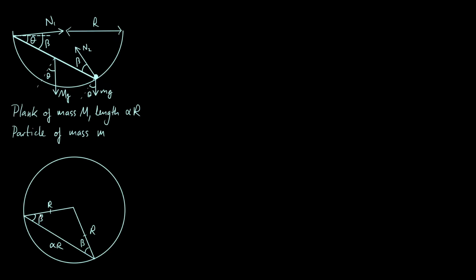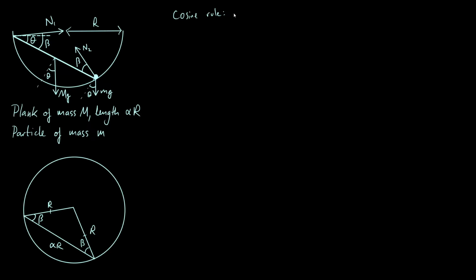Let's figure out an expression for what this beta actually is. We know all of the sides, and we're trying to find one of the angles in the triangle, so a sensible thing to do would be to use the cosine rule.